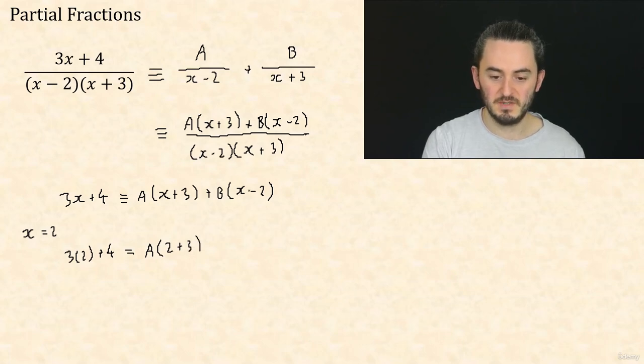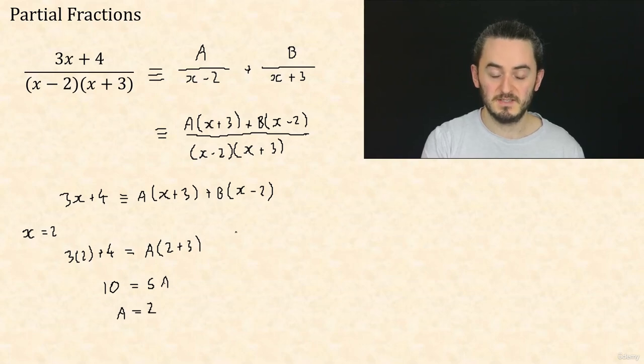And this just disappears entirely because 2 minus 2 is 0. So what have I got? I've got 6 plus 4 equals 10, and on the right-hand side I've got A times 5. Now divide both sides by 5, and I get A equals 2.